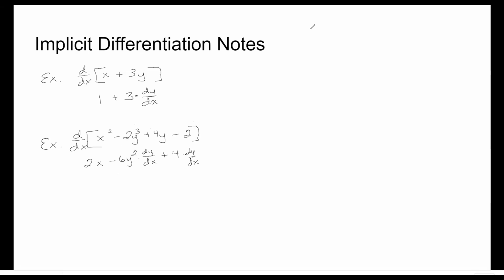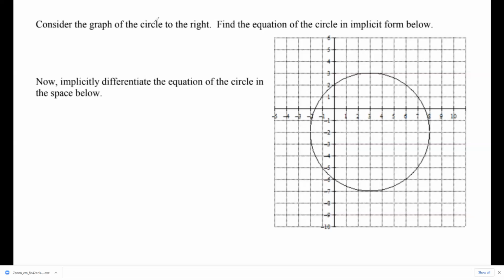All right. Let's take a look now at an application of this. So we have here a circle in the coordinate plane. The first thing we're going to do is figure out what the equation of this circle is. So we're going to try to find the center of this circle, and we see that it's going to be pretty evenly split.